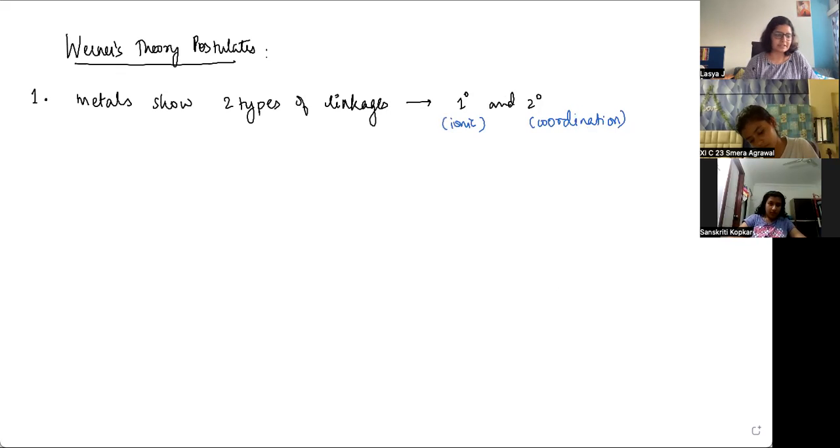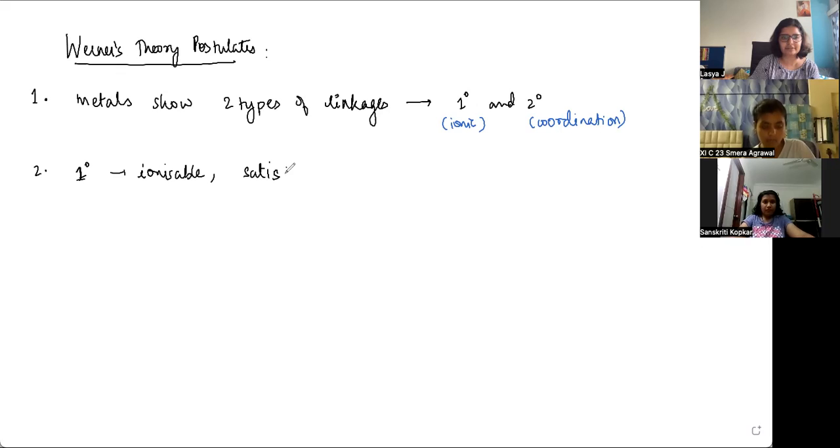Then what else did he say? Whatever is bound by the primary valency, whatever is ionic in nature, is ionizable and is satisfied by negative ions.